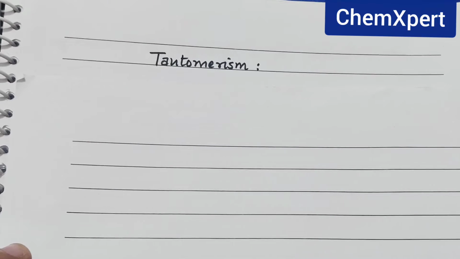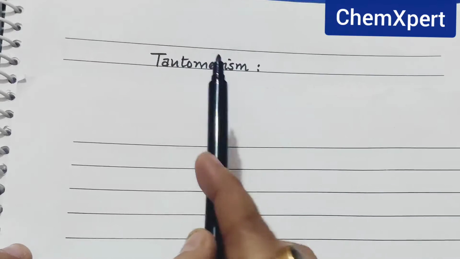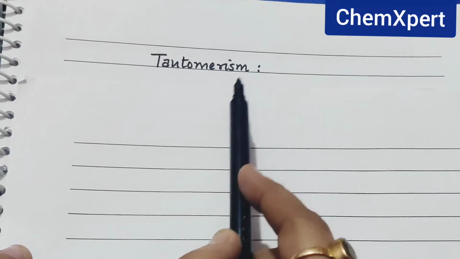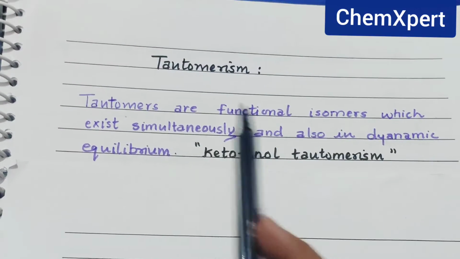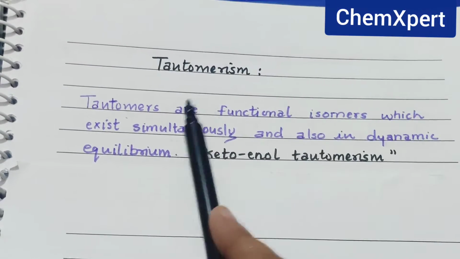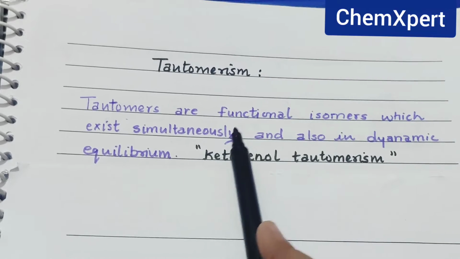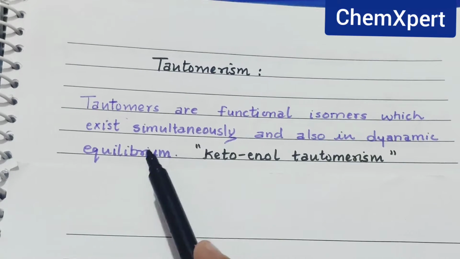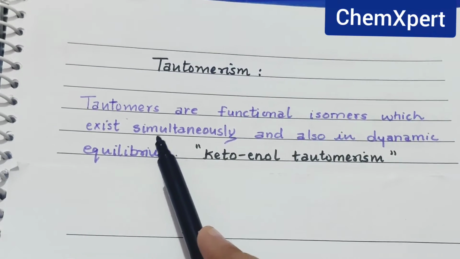In this video, we will discuss one of the important types of isomerism that is known as tautomerism. Tautomers are functional isomers which exist simultaneously and also in a dynamic equilibrium.